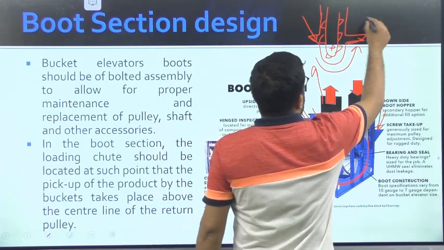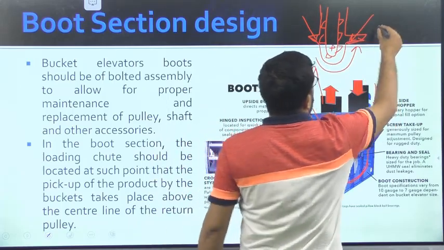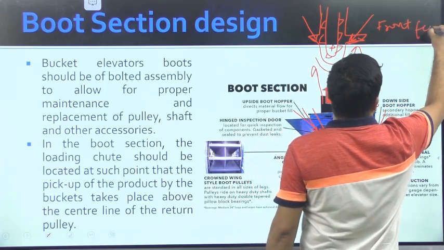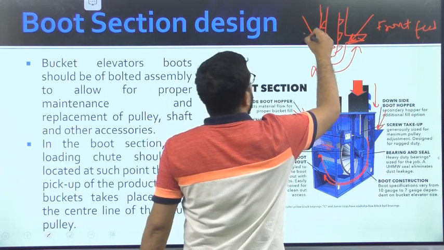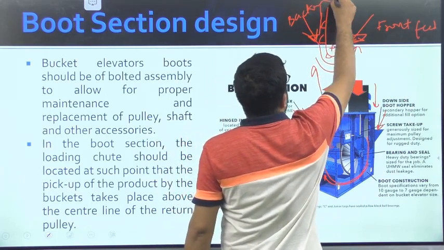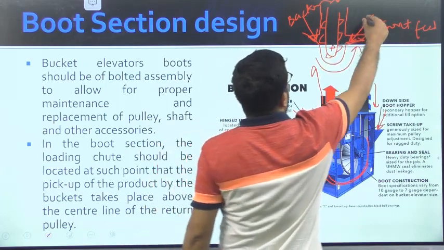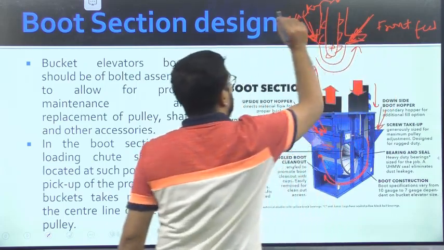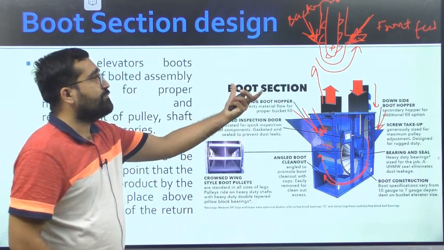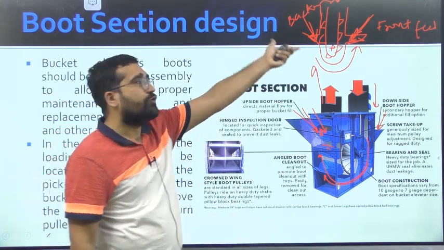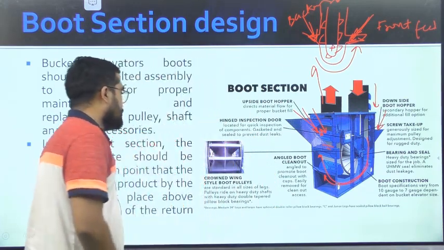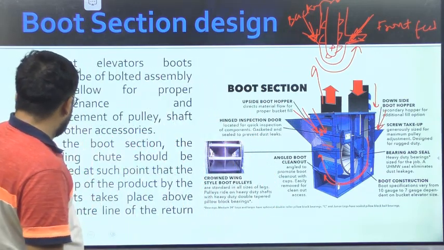If the buckets are fed from the backward side, this is backward feeding. And if the buckets are fed from both ends, then it is known as both-type feeding. So this bottom will decide which type of feeding we are going to give to the bucket elevator, okay, clear? So that's it.